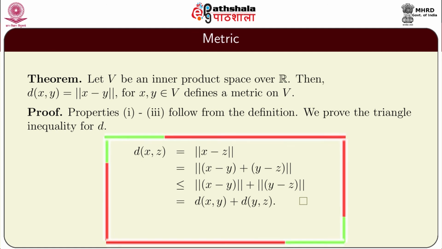We rewrite it as norm of x minus y plus y minus z by introducing the vector y. And we know that triangle inequality is true for norm. Therefore, it is less than or equal to norm of x minus y plus norm of y minus z, but that is d of x, y plus d of y, z.